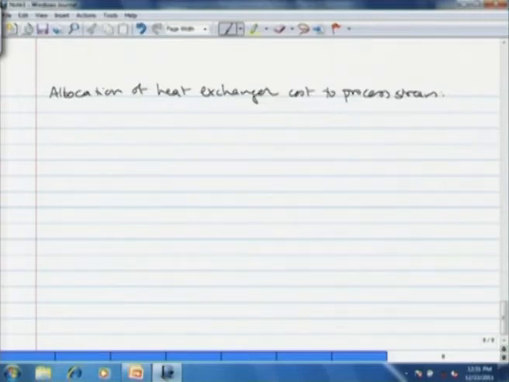We know that the cost of a heat exchanger is mainly a function of its area, the heat exchanger area.